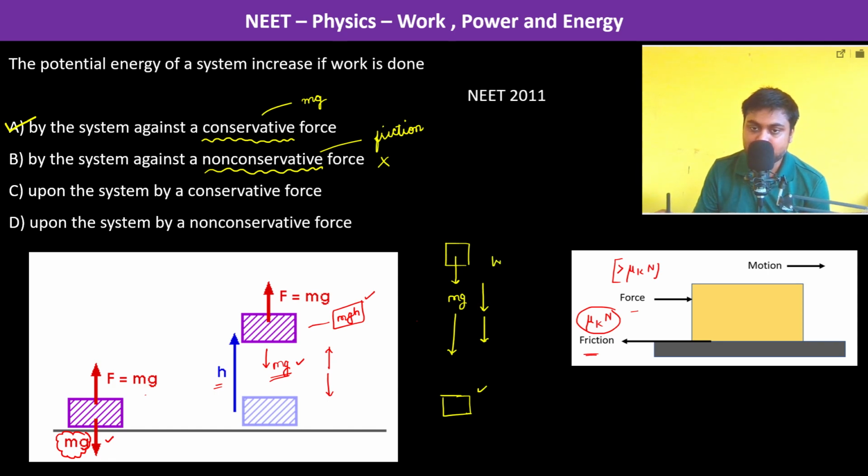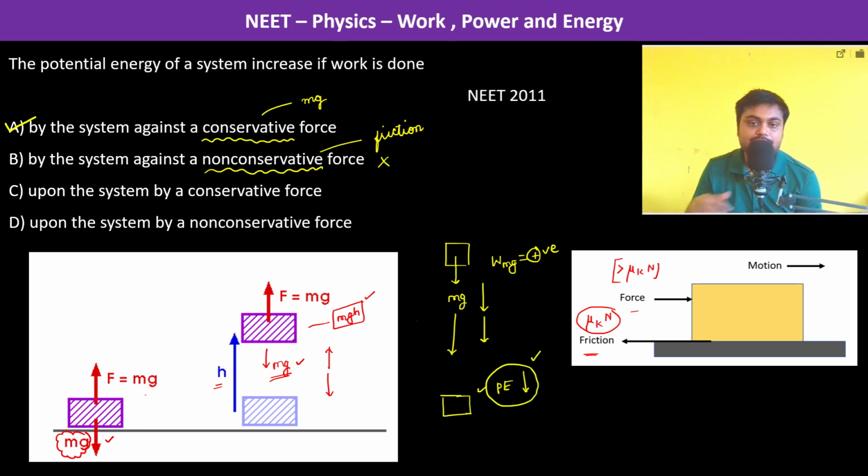Work done by mg is positive, but the potential energy has decreased. So no. Upon the system by a non-conservative force, again no, because a non-conservative force like friction doesn't cause any change in potential energy, so option A is the correct one.